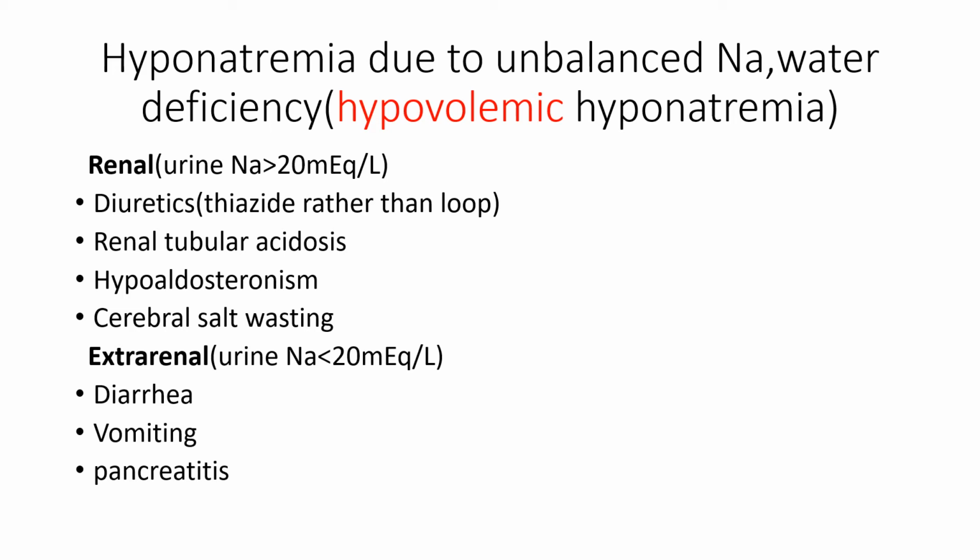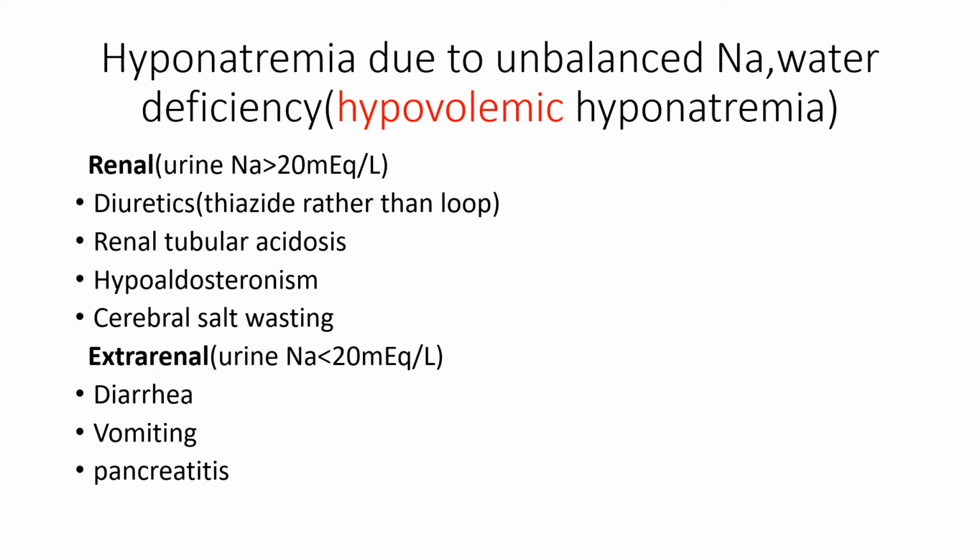Renal tubular acidosis, hypoaldosteronism, and cerebral salt wasting. The extrarenal causes, where the urine sodium is less than 20, follow diarrhea, vomiting, and pancreatitis.